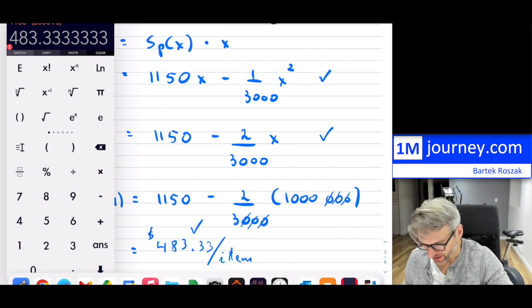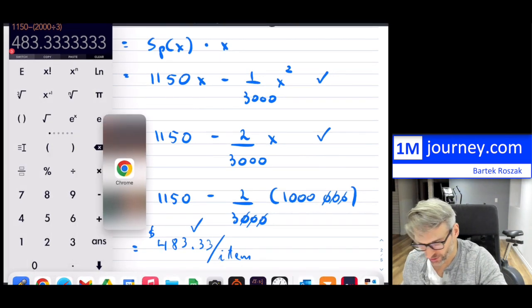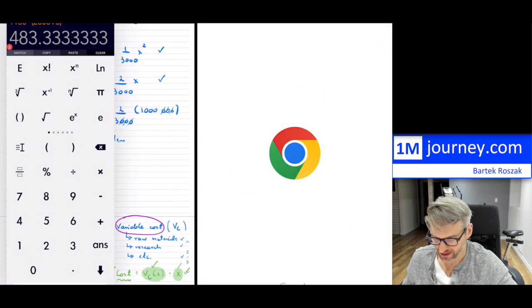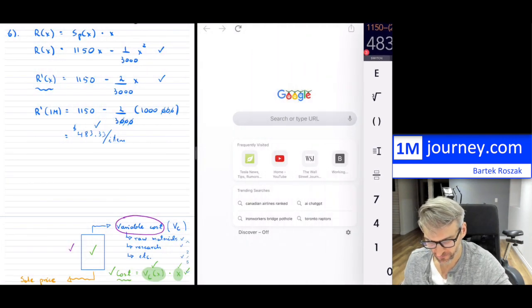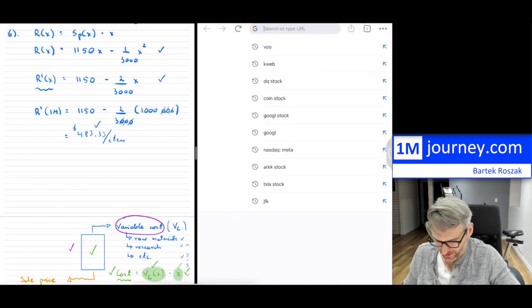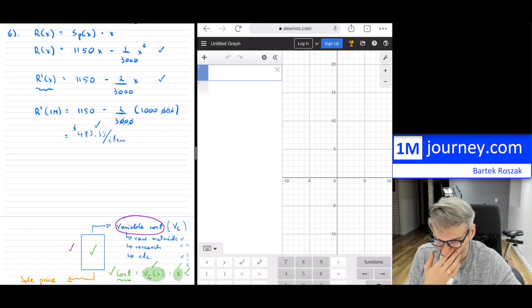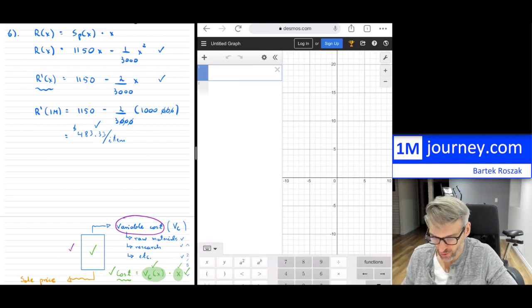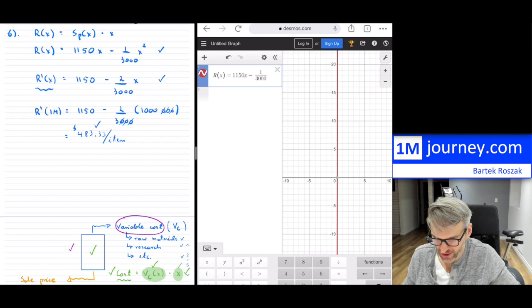Now, if you recall, I'm going to bring in the decimals calculator. So we have our revenue function: 1150x minus 1 over 3,000 x squared.